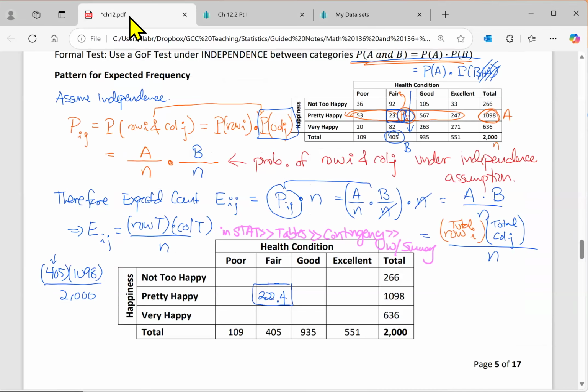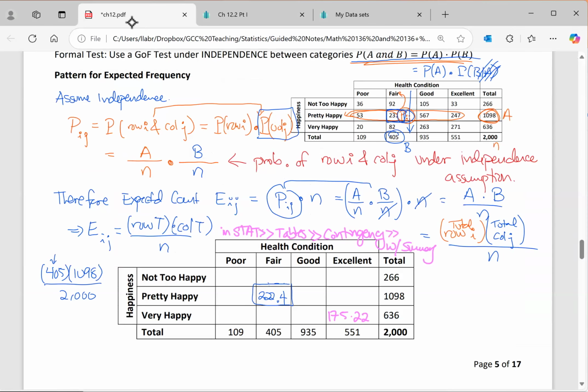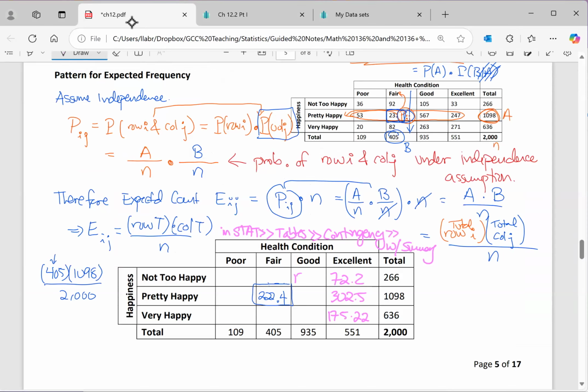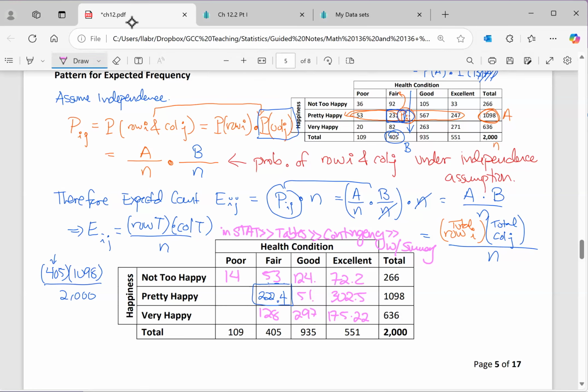So this is all that I wanted to say. Here's why. If you copy all of these values in, I already have a printout of this so I can see the numbers. Then what we end up with is a bunch of expected counts and observed counts.